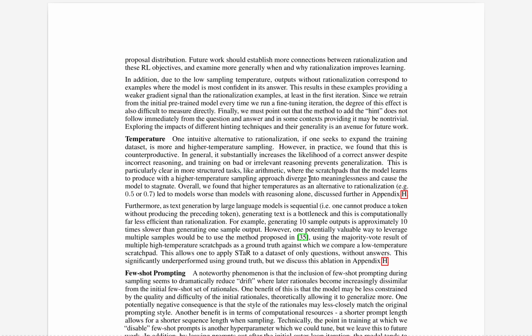Since we retrain from the initial pre-trained model every time we run a fine-tuning iteration, the degree of this effect is also difficult to measure directly. Finally, we must point out that the method to add the hint does not follow immediately from the question and answer, and in some contexts providing it may be non-trivial. Exploring the impacts of different hinting techniques and their generality is an avenue for future work.